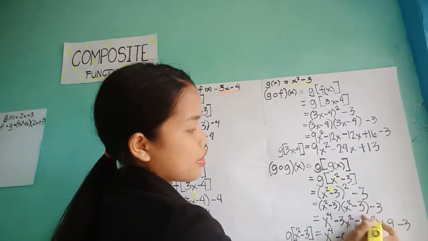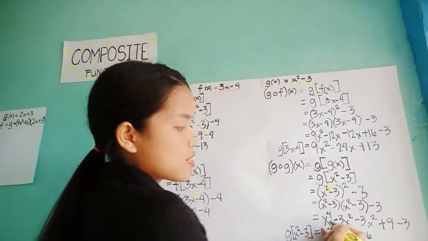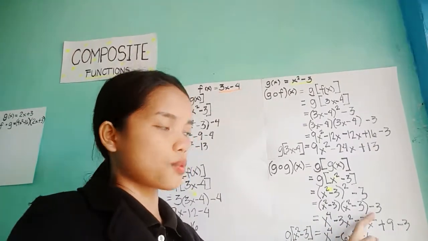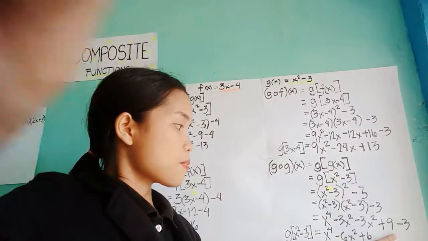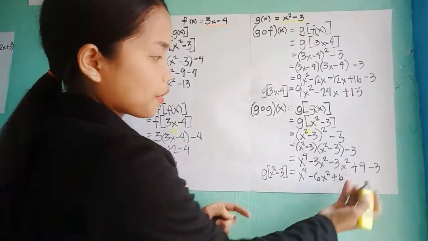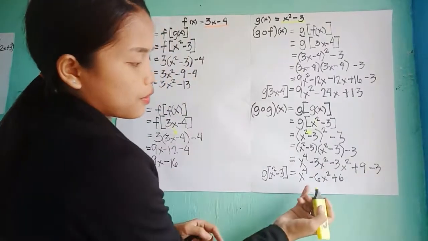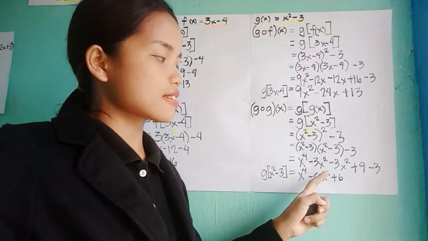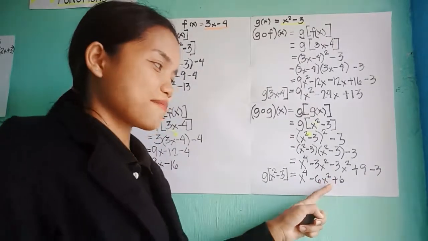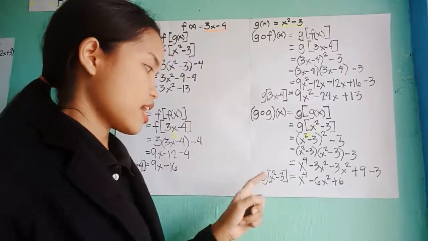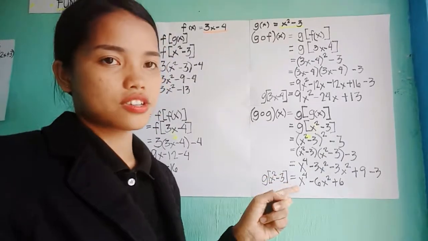The FOIL method results in x raised to 4, minus 3x squared, minus 3x squared, plus 9, minus 3. We combine the like terms, so x raised to 4 minus 6x squared plus 6, and then the label, which is g of x squared minus 3.